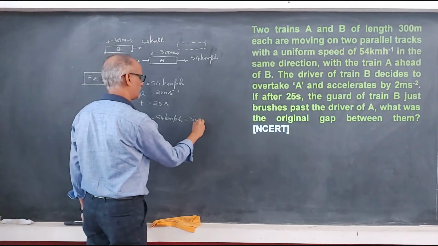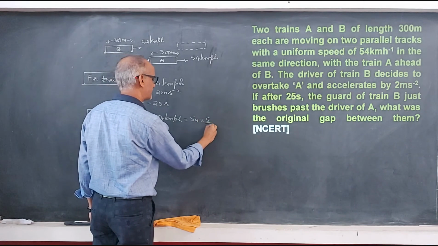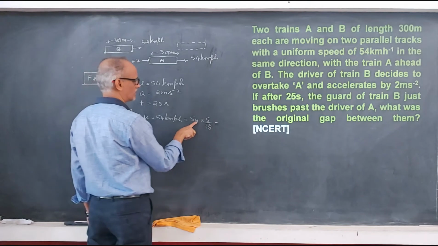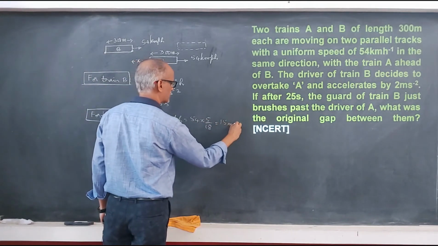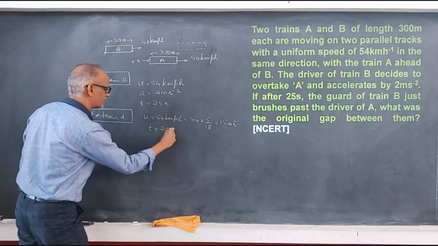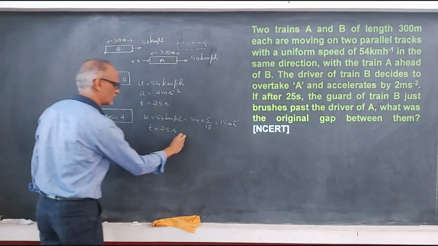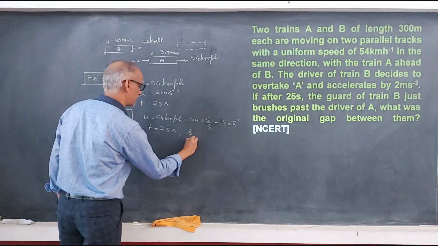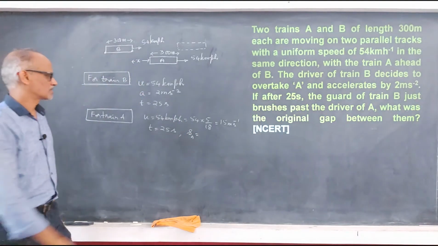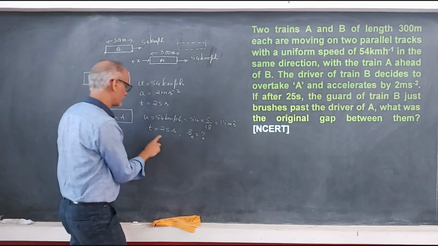That is 54 into 5 by 18. 18 threes are 54. So 3 into 5 will get 15 meter per second. That is the speed. And in a time of 25 seconds, what is the distance traveled by A? That is what I am going to calculate.